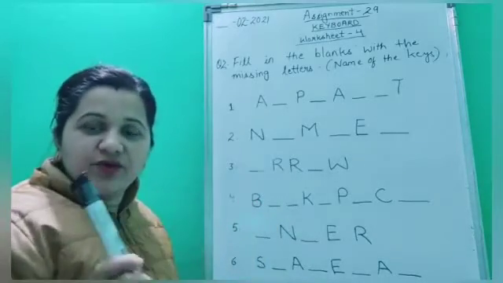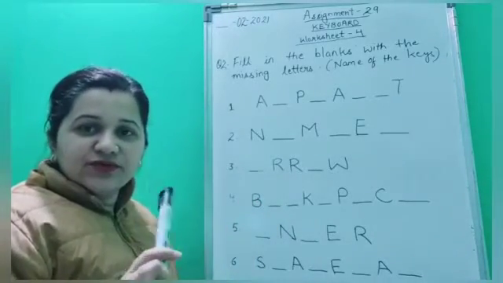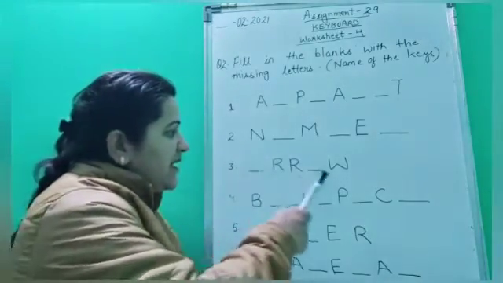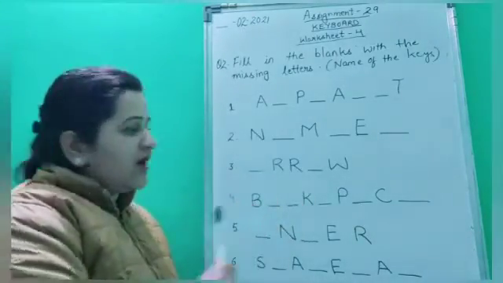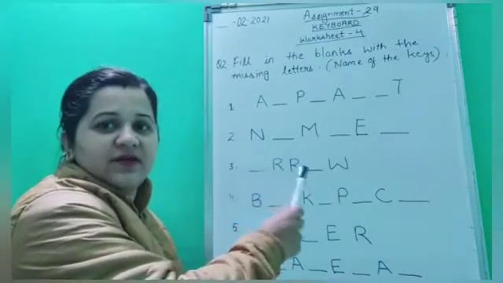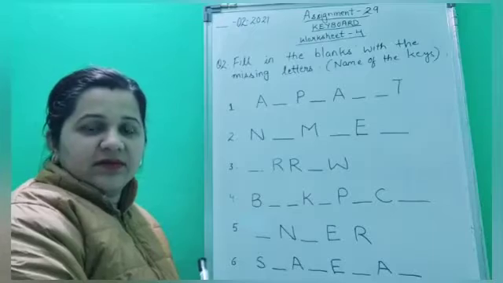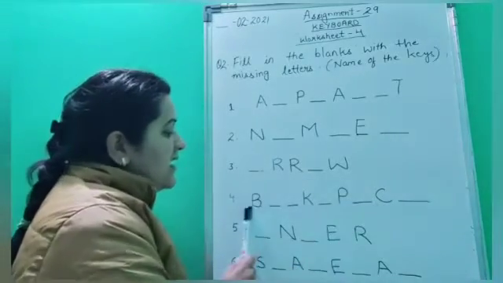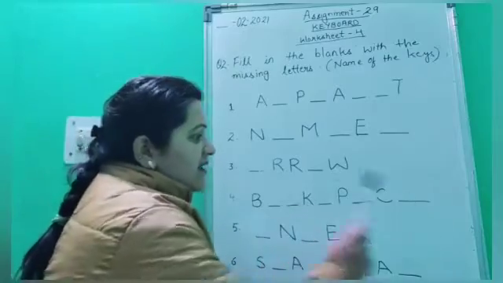Third one is arrow. Okay, arrow keys. Arrow keys are used to move up, down and left, right. So write down the spelling of arrow here. You have to find out the missed letters and then write them in between the word. Next type of key is backspace.